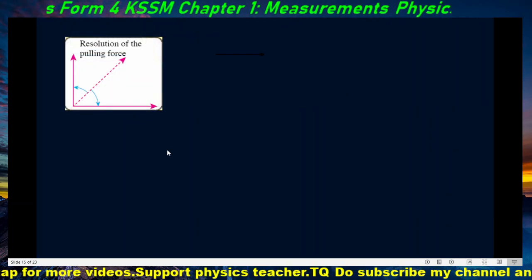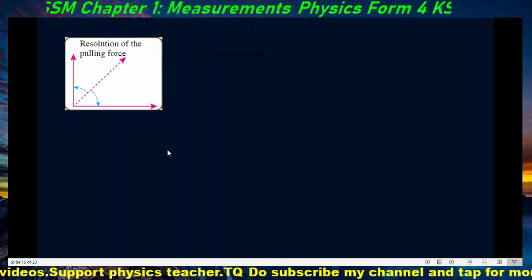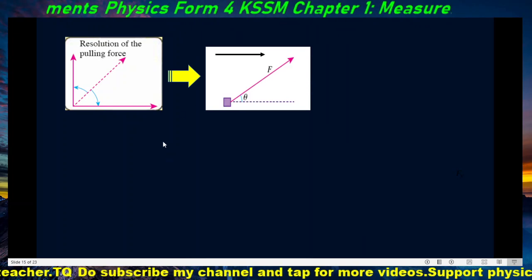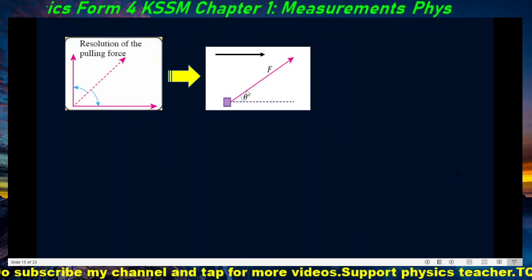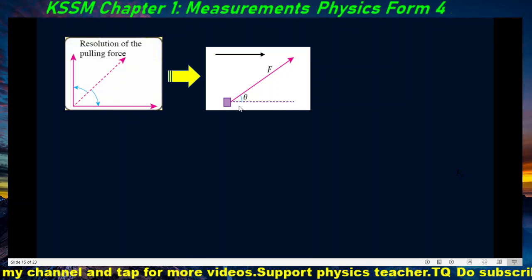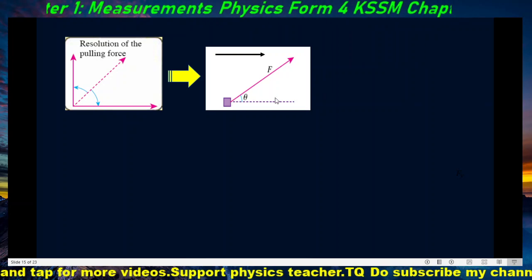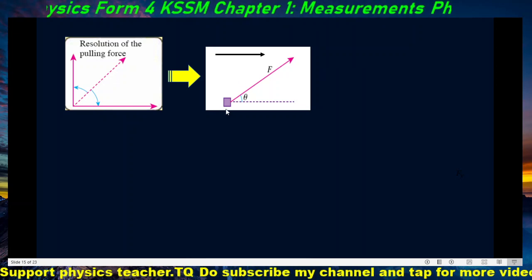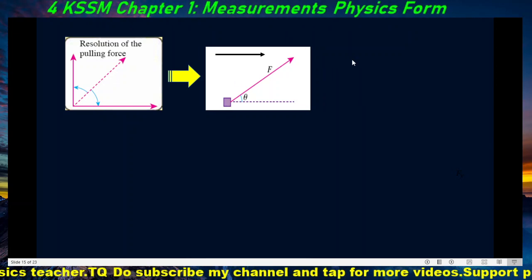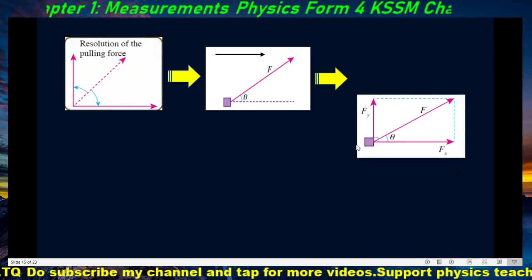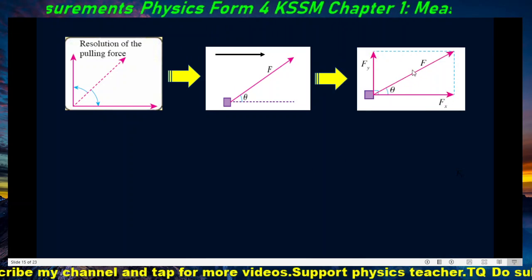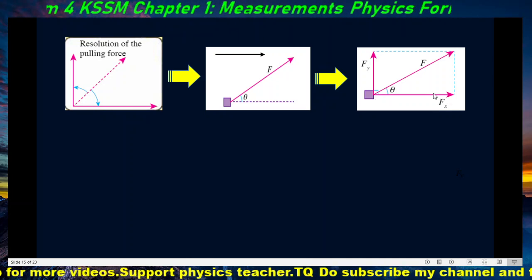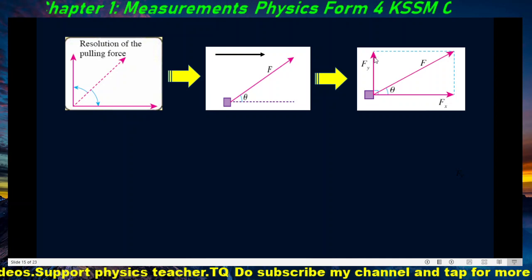Let's try to look at how the force is resolved. This is the pulling force that acts at angle theta from the horizontal line. This arrow shows the direction of the object moving to the right. Now what we do is resolve the applied force into two components, Fx and Fy.